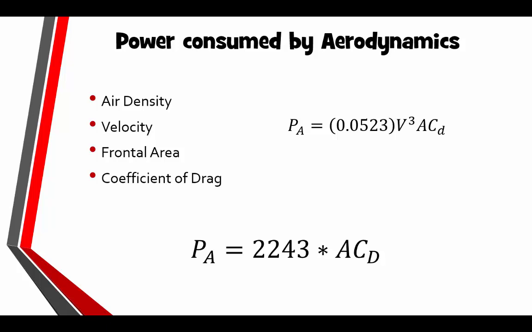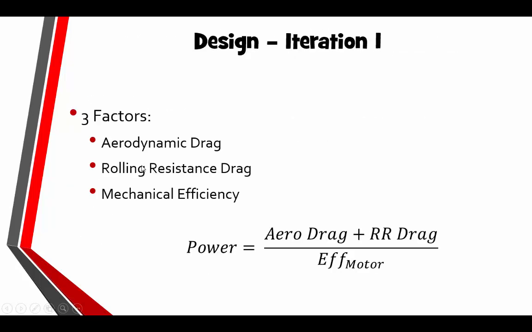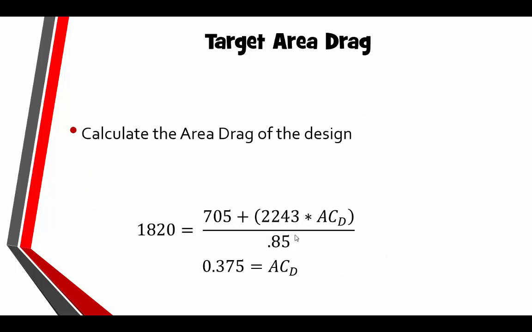We're first going to work on our design, getting the frontal area and the coefficient of drag down to under what we need for the car to perform. To figure out the drag area, we have one variable to solve for, because we know our total power, the motor efficiency, and rolling resistance drag, and part of aero drag. Aero drag is the only thing we don't know specifically: the drag area.